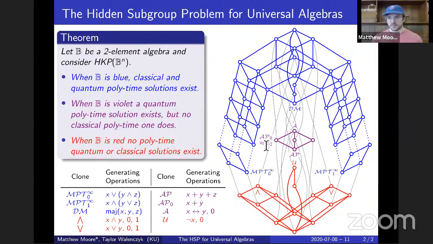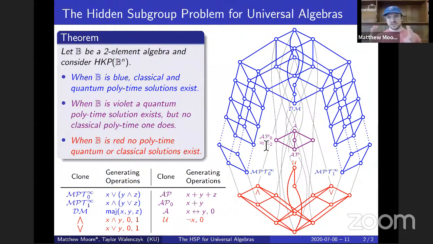So for the purple one, it's a delicate counting argument, essentially showing that even if you allow for probabilistic computation, you cannot do better than essentially brute force. So it's a delicate counting operation. For the red ones, we select a very wide portion of the congruence lattice and show that first, there are exponentially many congruences in the input size there, but that they also require exponentially large generating sets.